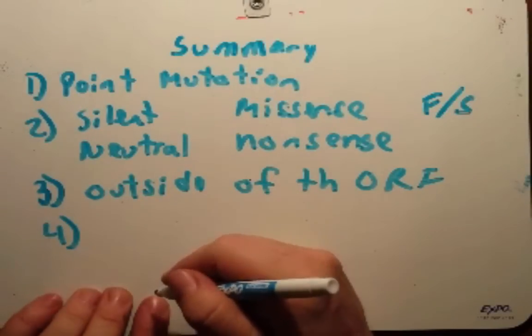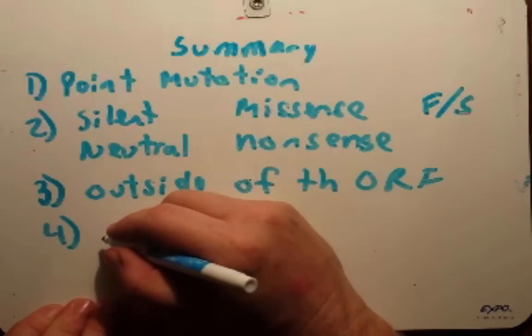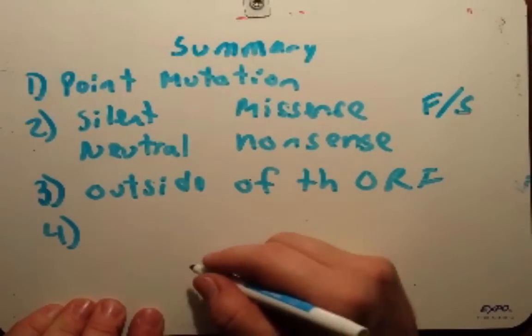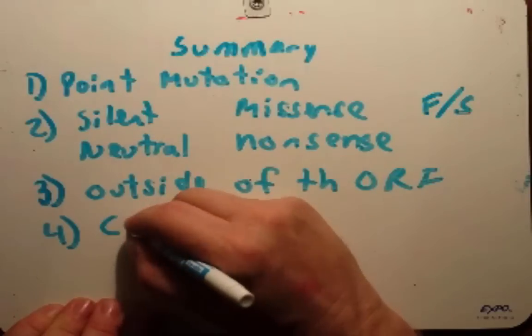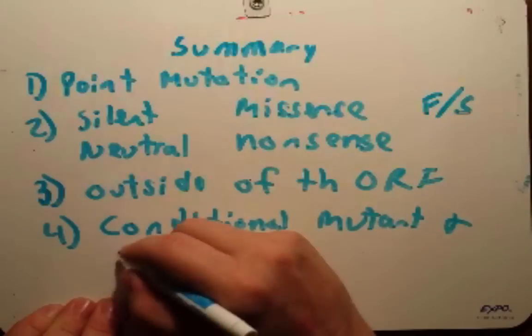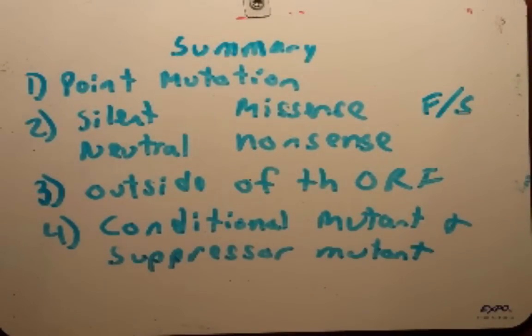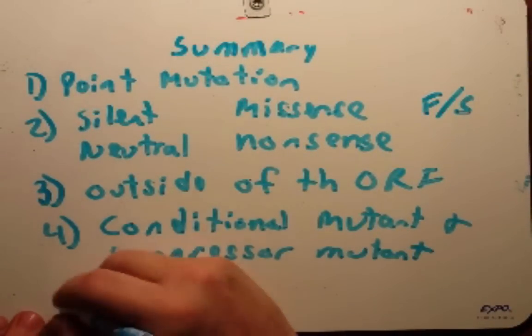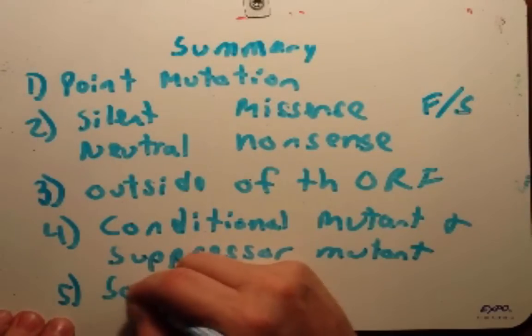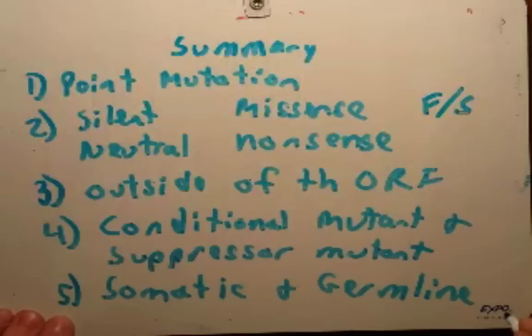We talked about different kinds of mutants, mutant alleles. We have mutant alleles that can be lethal to beneficial. We spent a little bit more time talking about the differences between a conditional mutant and a suppressor mutant, and the two types of suppressor mutants, intergenic and intragenic. And then we close with the difference between a somatic and germline mutation.